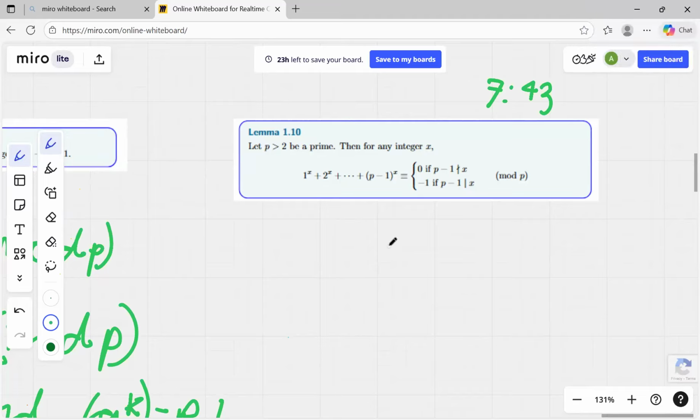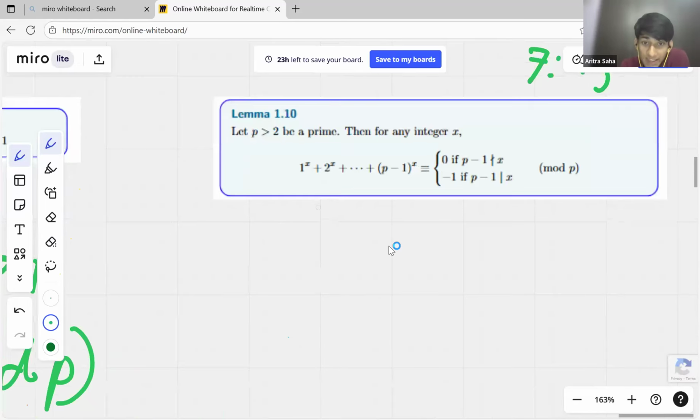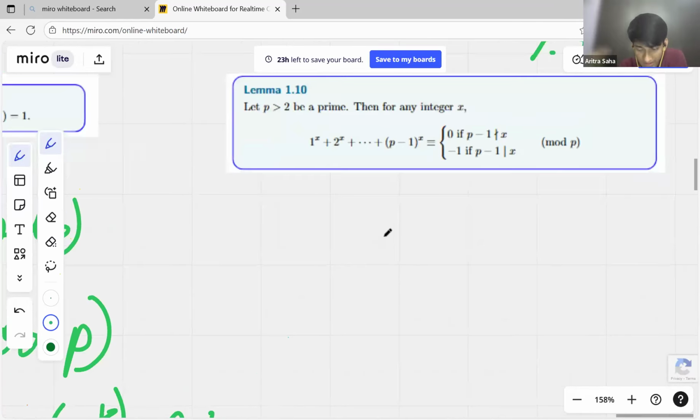Like the set 1 to p minus 1 is exactly the set g to the power 1 to g to the power p minus 1. So basically what we did at first, we tried to remember that this 1 to p minus 1 set is like g to the power 1, g to the power 2, to g to the power p minus 1 set.